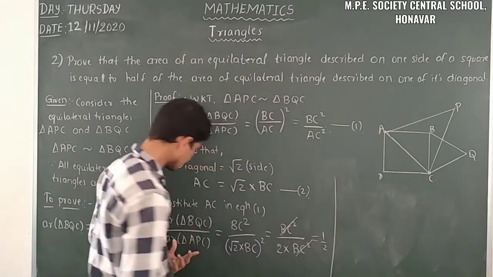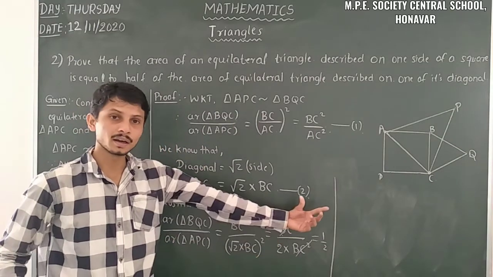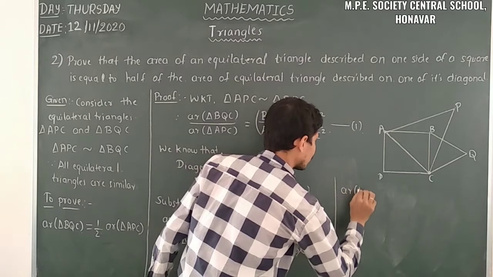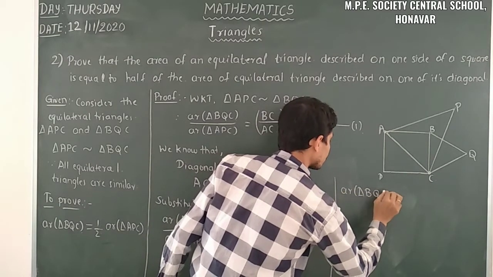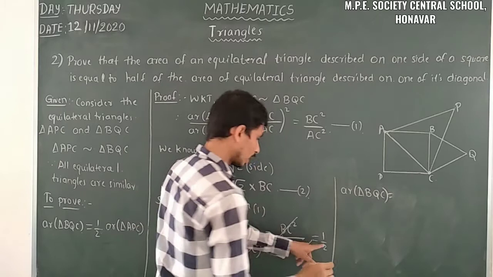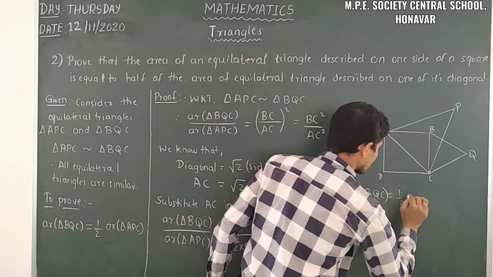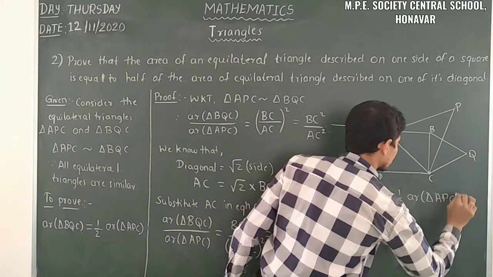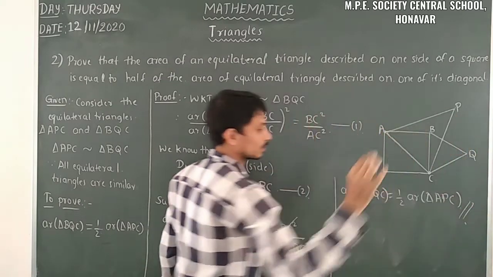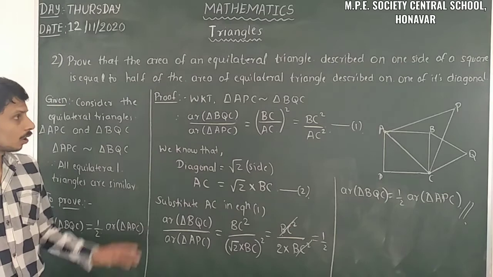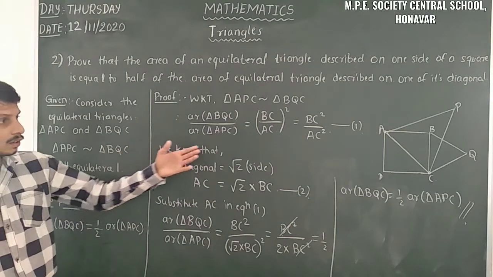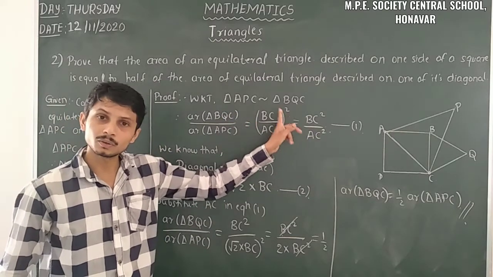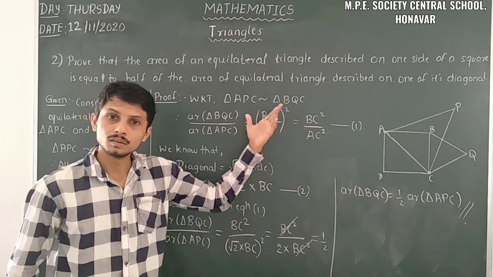So I will transpose the area of triangle APC to the RHS. That is, area of triangle BQC is equal to 1 by 2 into area of triangle APC. So we proved this. How can we prove that one? Here we have equilateral triangles, and we know that those two are similar.